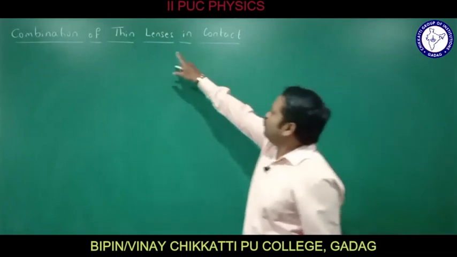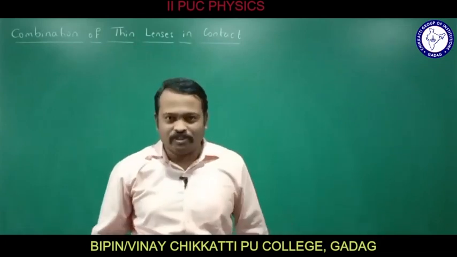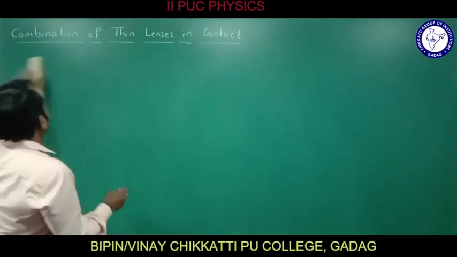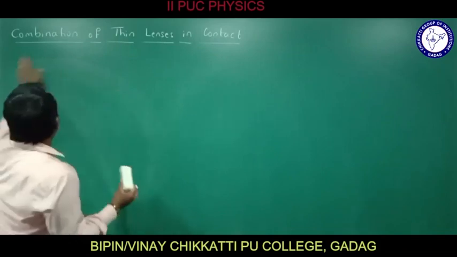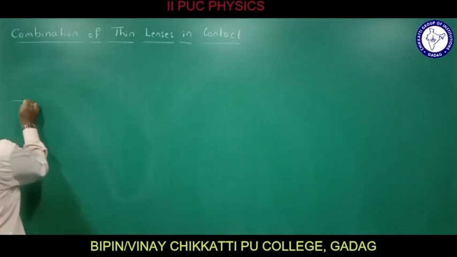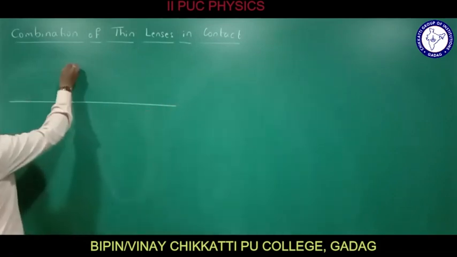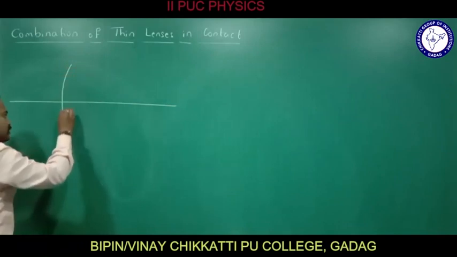Okay, so we need to take thin lenses. Let me take two thin lenses which are in contact with each other. Okay, so these are the two thin lenses. This is the principal axis, and let me consider two thin lenses.